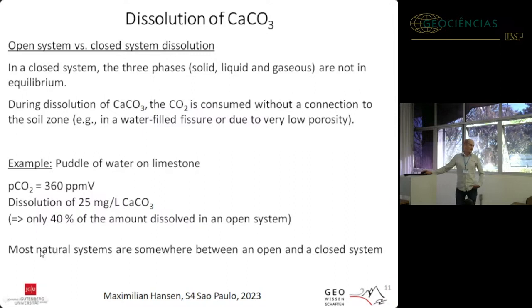But as always, in a natural system, most systems are likely to be between an open and closed system, or depending on the season, it can be open and closed. It just depends on the coverage of the host rock.